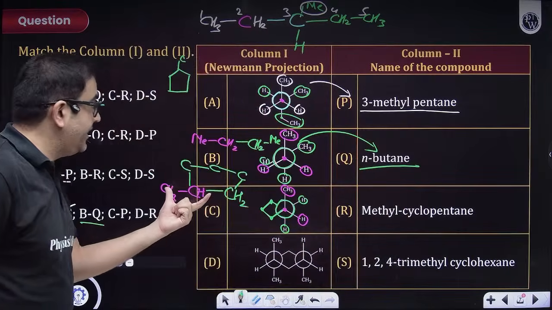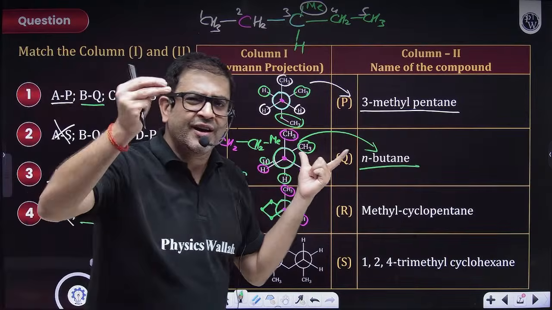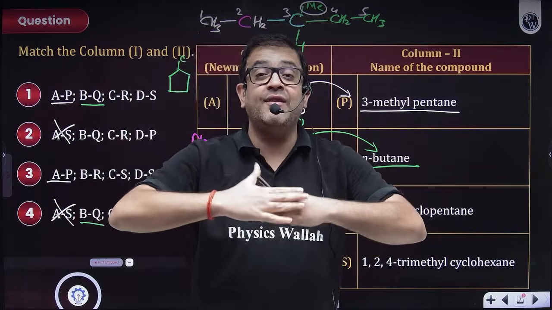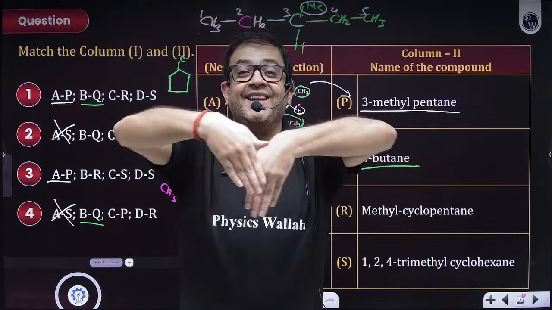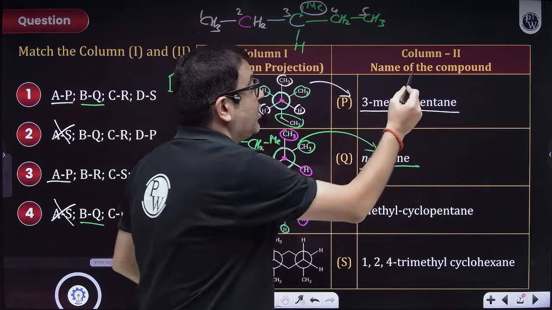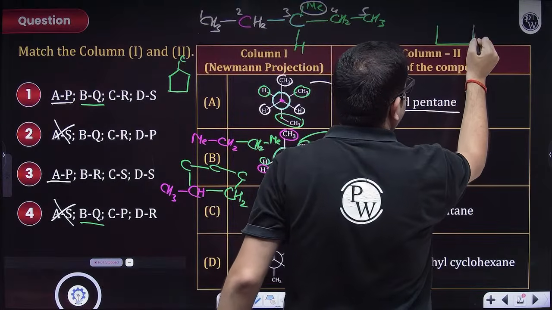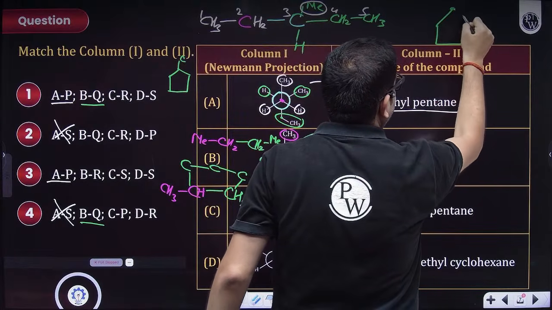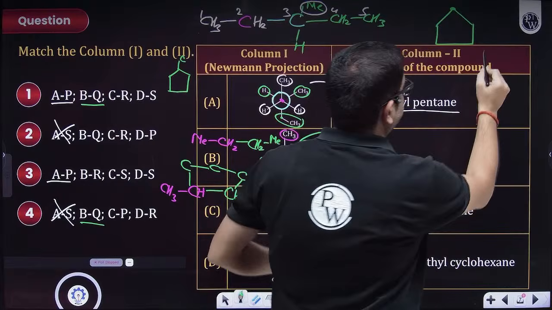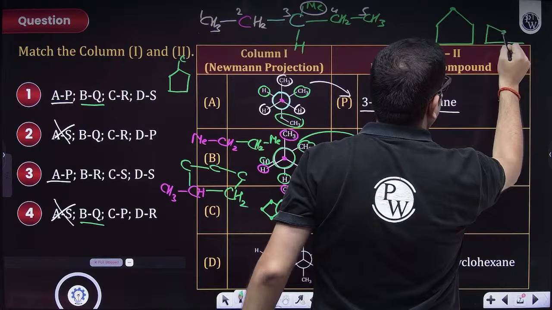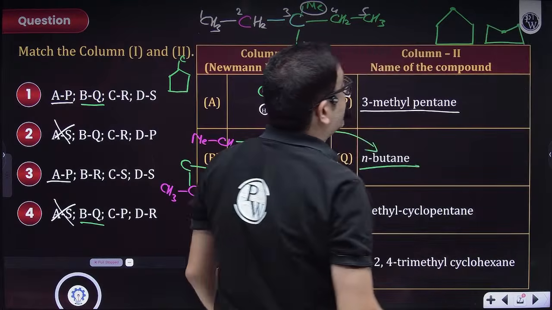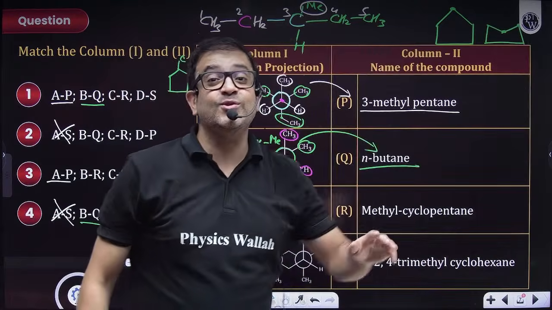A few of the conformers of cyclopentane you have seen in the invitation of a marriage. That envelope is actually a type of conformer. If you just close this envelope, these are the conformers of cyclopentane that exist in nature.